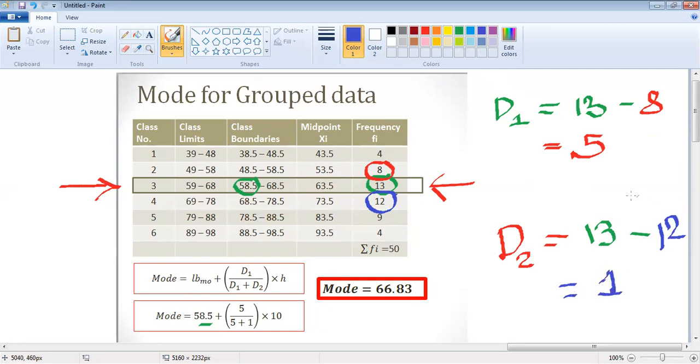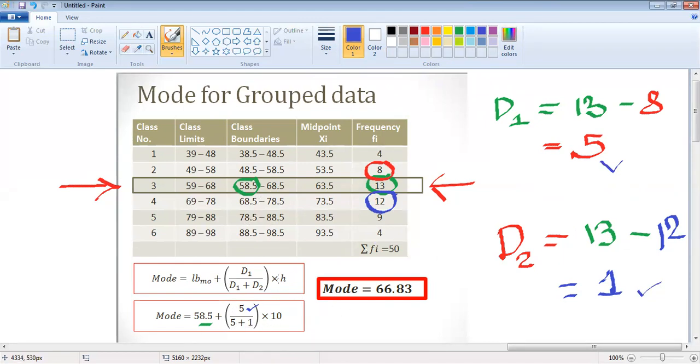Let's go over our formula and our solution. Here D sub 1, so I put 5 because D sub 1 is 5. Then D sub 1 plus D sub 2, so that is 5 plus 1, which is this one.